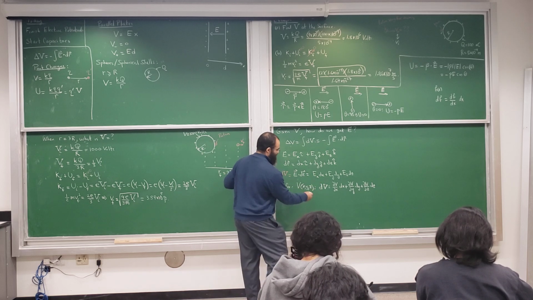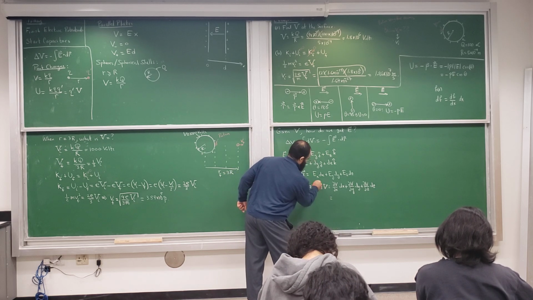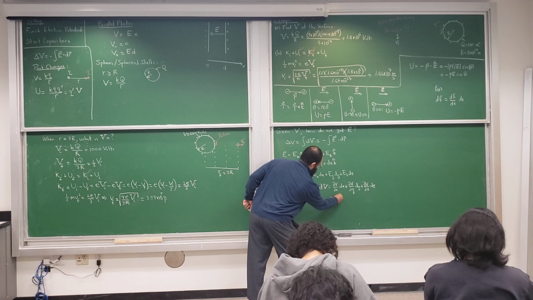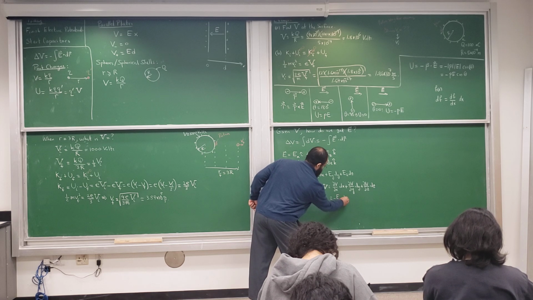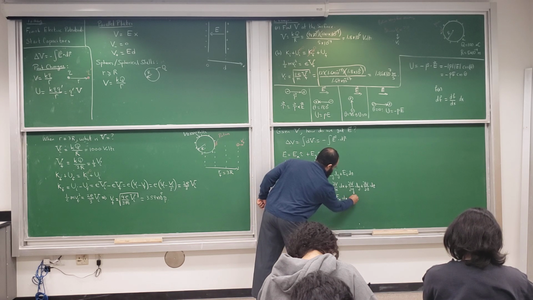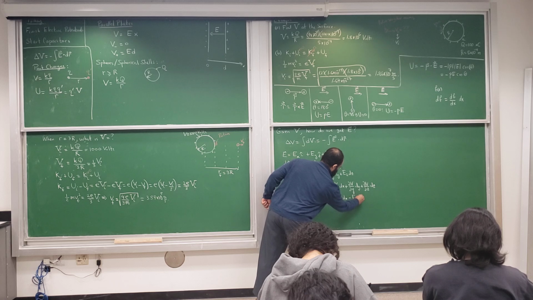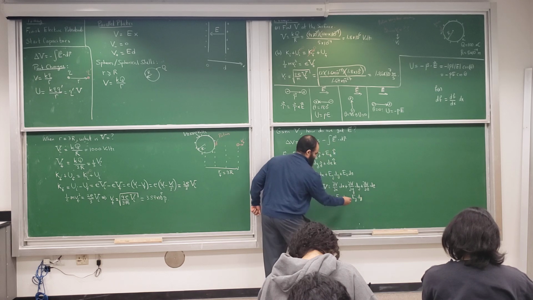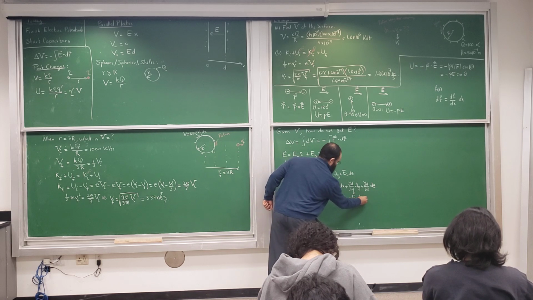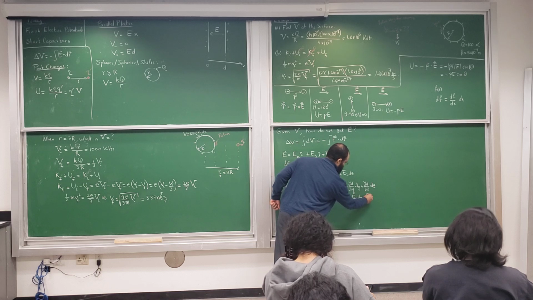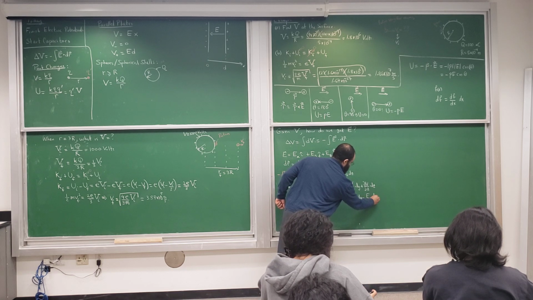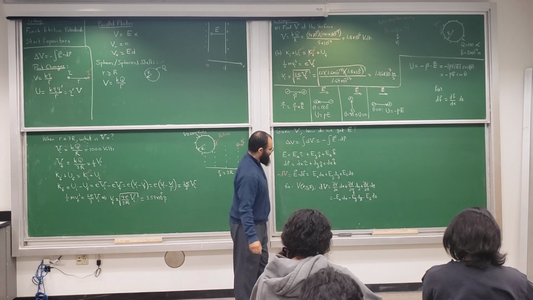So let me write them below each other. It's also equal to minus Ex dx, minus Ey dy, minus Ez dz, right?